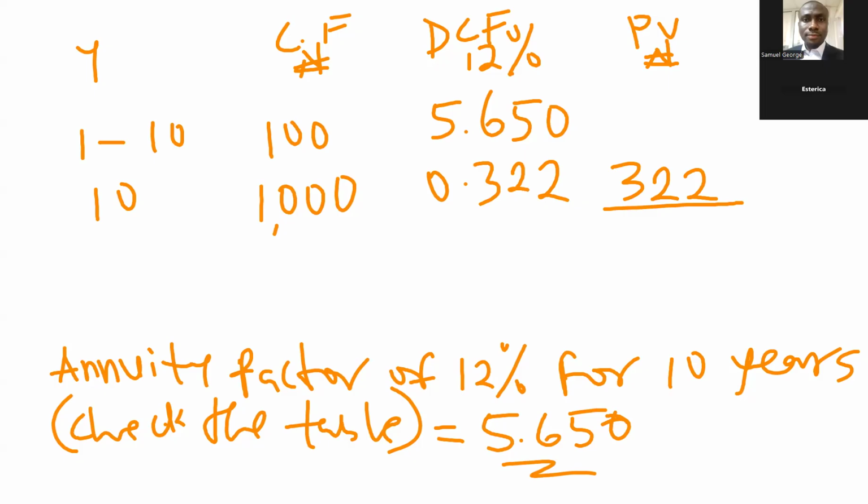5.650 times 100, we have 565. What is the total? 565 plus 322, we have 887.